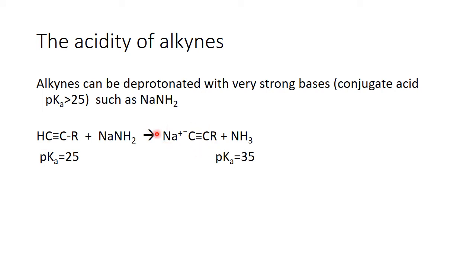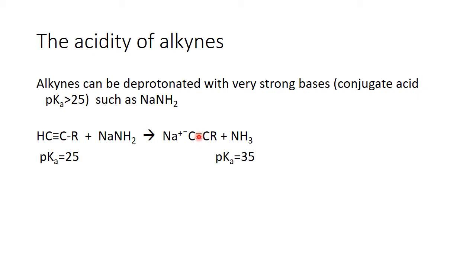This anion now can undergo some reactions. This is an excellent nucleophile because the carbon with a negative charge on it has that non-bonding pair sticking out. It's a linear molecule, and so the non-bonding pair is 180 degrees away from the triple bond.